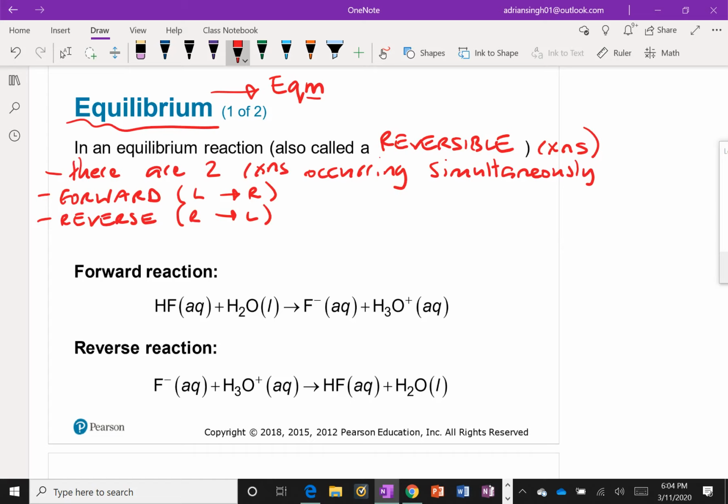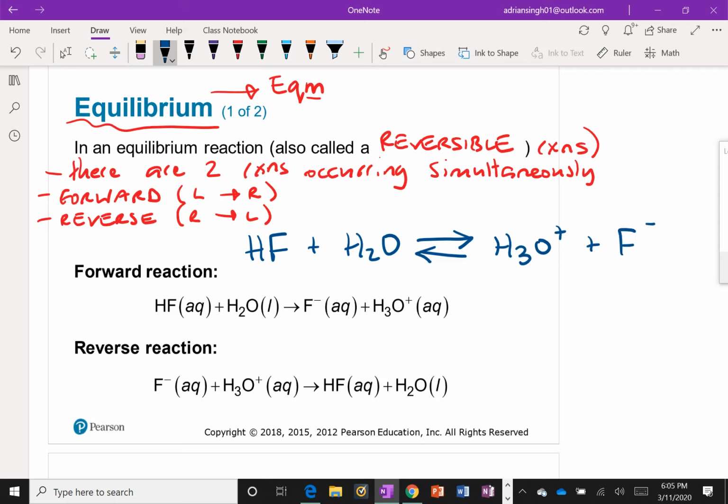All right, so we'll pull back in the equation that we looked at previously to represent the weak acid HF. So in solution, we saw that HF with H2O, and we saw that double-headed arrow, to produce our H3O plus and the conjugate base F minus.